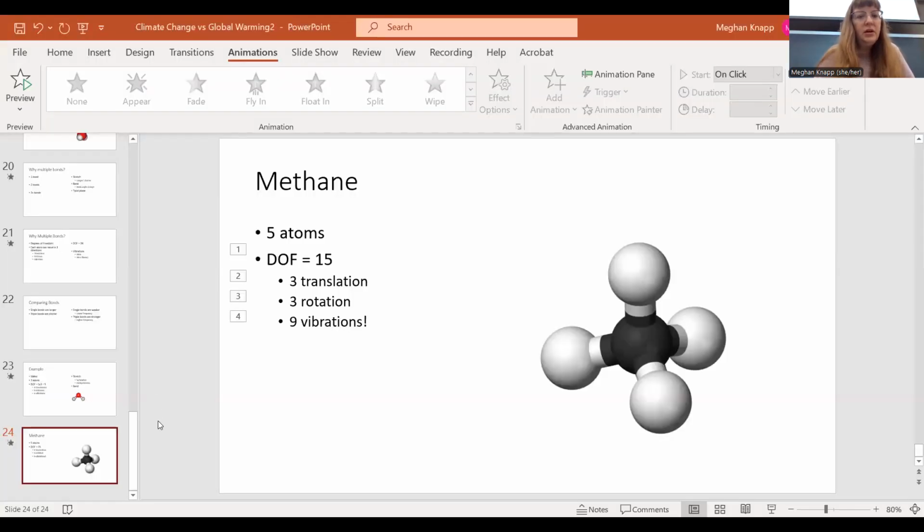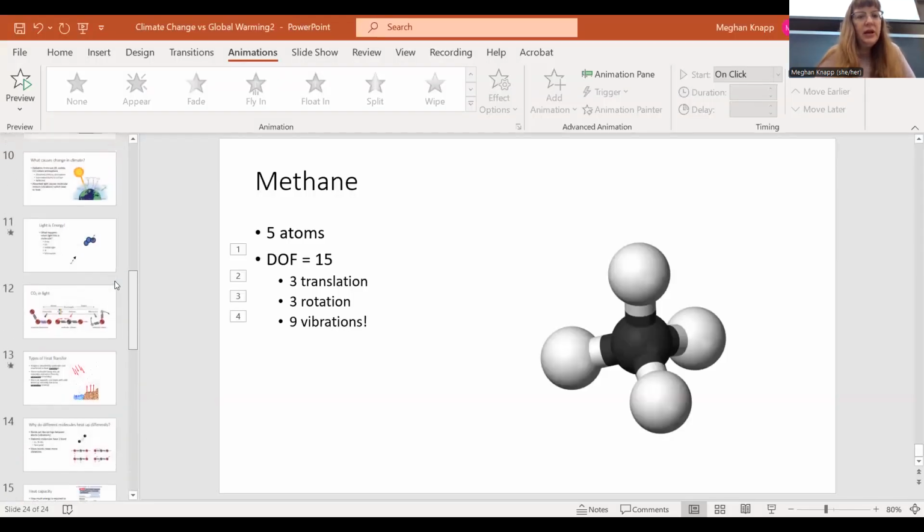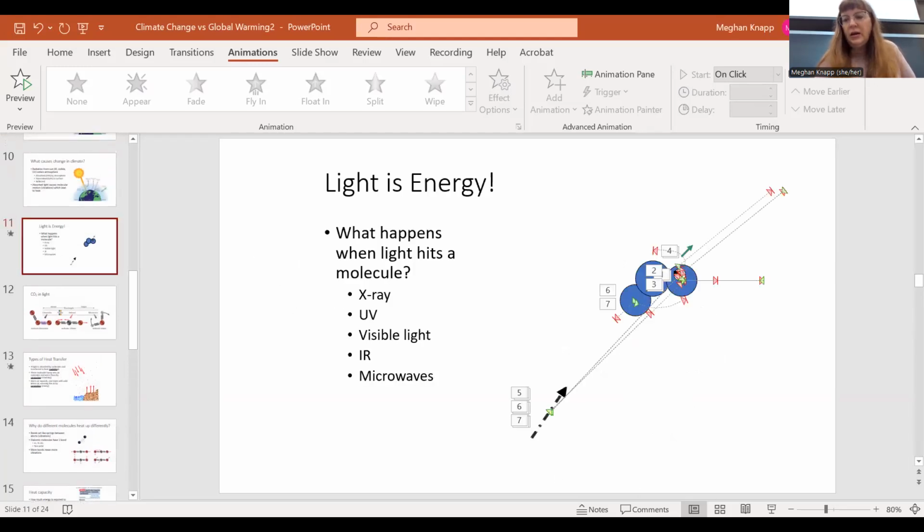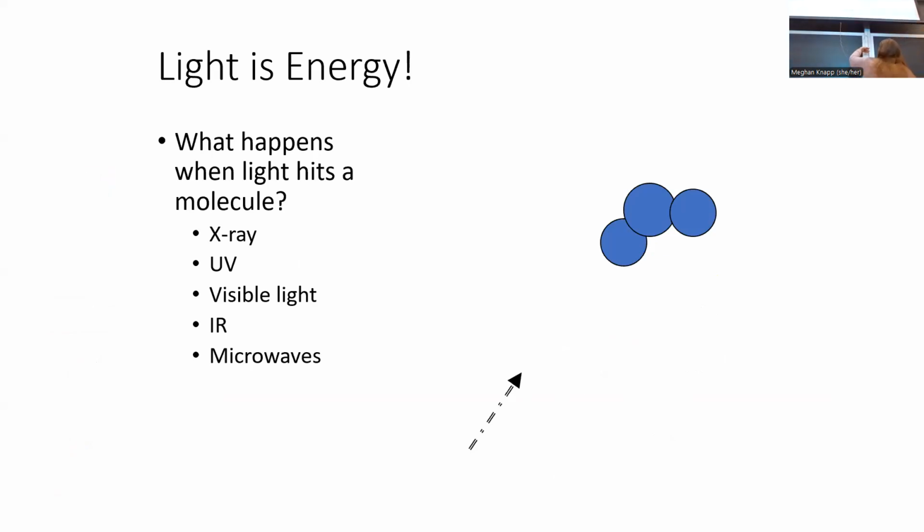We were talking about the greenhouse effect and about how different kinds of light affect molecules. So we're going to go back to that. And then we are going to look at how to model molecules as well.